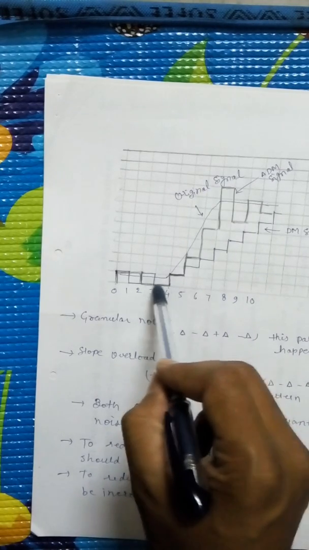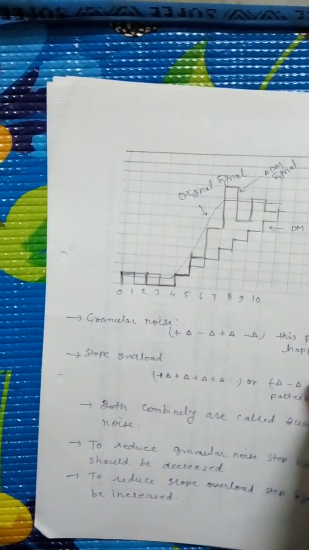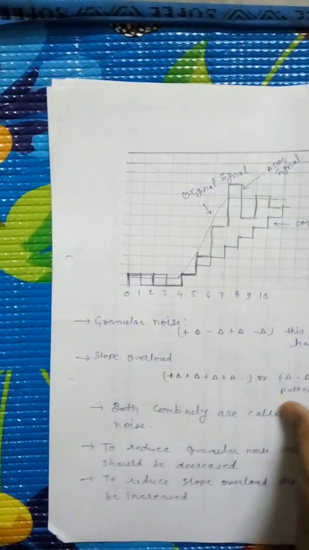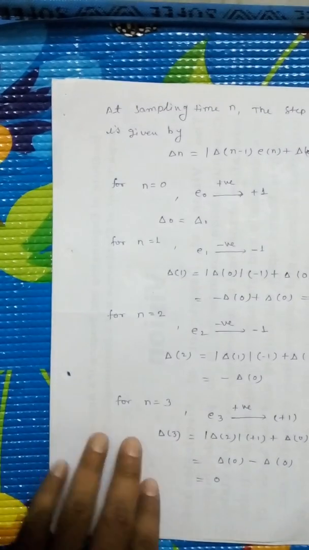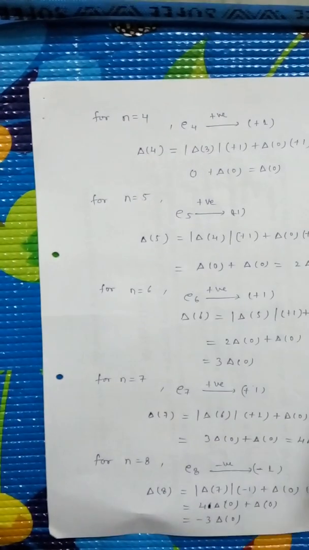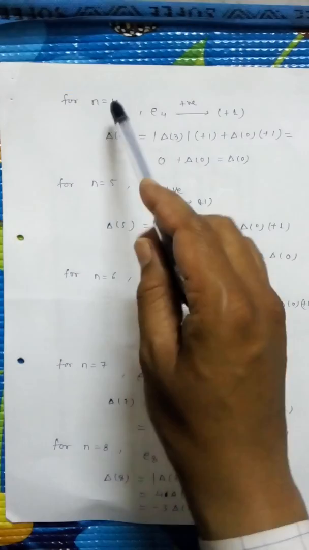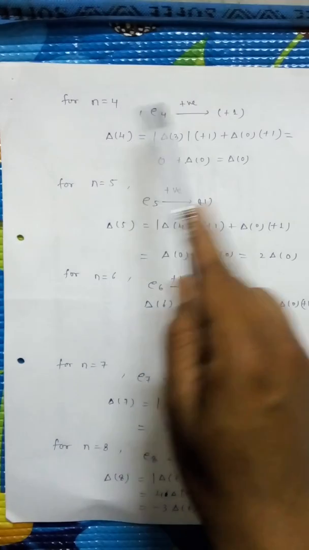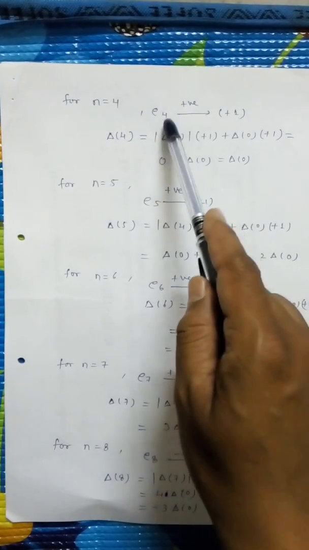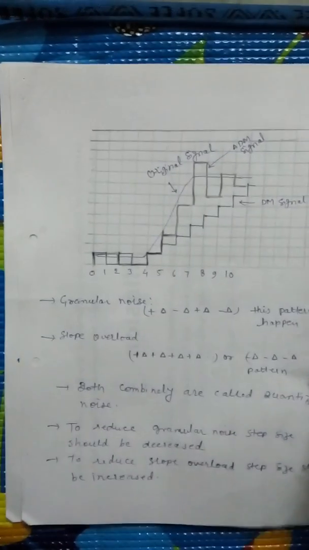So we are here. Now we calculate the step size at sampling instant 4. At n equal to 4, we calculate E4, the error signal, and again we compare the message signal and approximated signal at time instant 4.